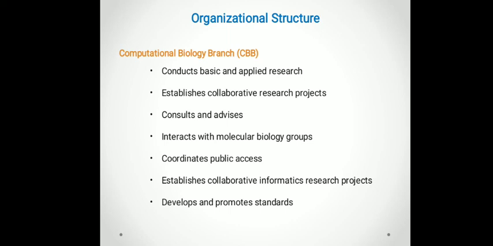The role of CBB is that it conducts basic and applied research in computational, mathematical, and theoretical problems in molecular biology and genetics, including genome analysis, sequence comparisons, sequence search methodologies, macromolecular structure, dynamics and interaction, and structure or function prediction.